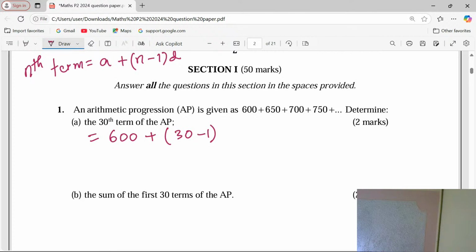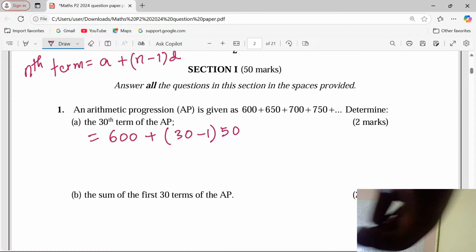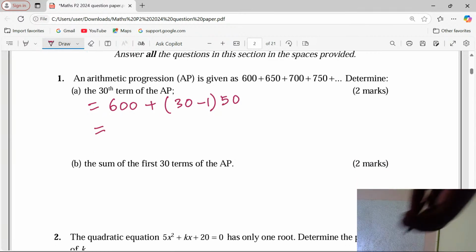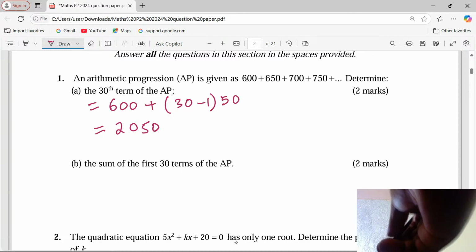From the second term to the third, we can also see again 50 has been added. So generally, we are adding a common difference of 50. With this, we can compute 600 plus 29 multiplied by 50, and this is going to give us 2050.